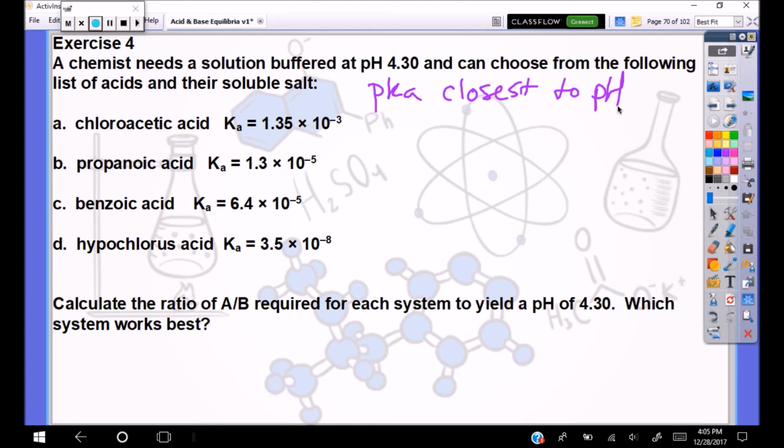The other way I could do this is looking at the ratio of my H plus over my Ka, and that's going to be equal to my weak acid and weak base ratio. And the one that is closest to 1 will also be the best. So there's two ways you can do that. So go ahead, try it. Which one do you come up with?